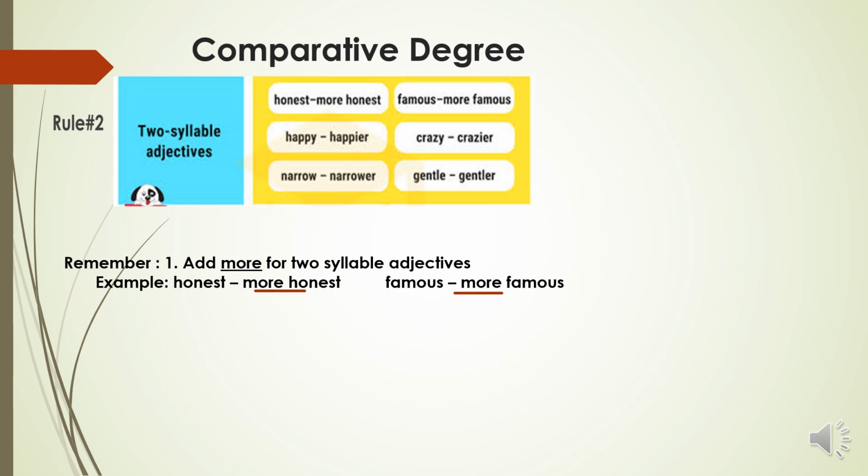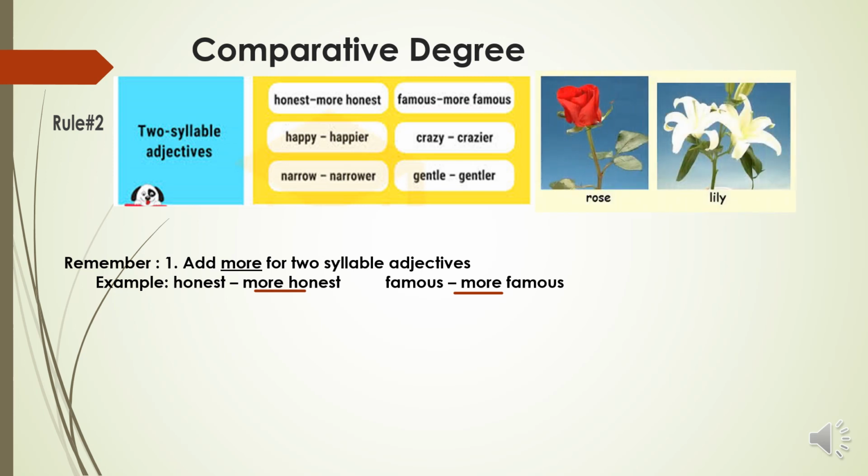Example, honest, more honest, famous, more famous. We have here Rose and Lily. We can say that Rose is beautiful and Lily is more beautiful. Or we can say that Lily is more beautiful than Rose because we are comparing two flowers.